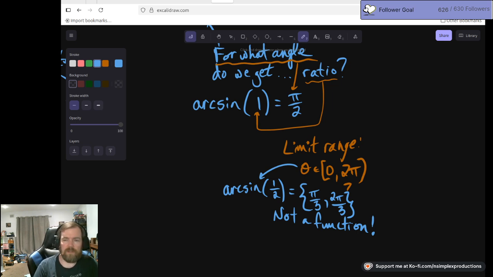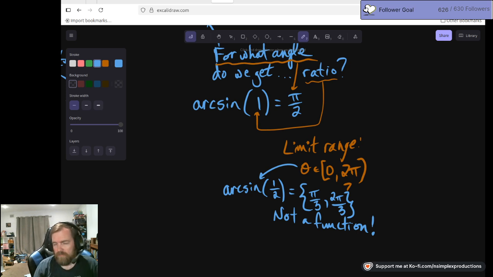So instead, what about quadrant 4 and then quadrant 1? Quadrant 4 leading into quadrant 1. Well, that's nice and smooth, right? Our sine function will go from -1 at the bottom at negative pi over 2, and then up through 0, and then up through a value of +1 at pi over 2.